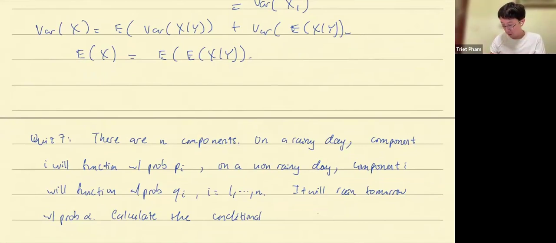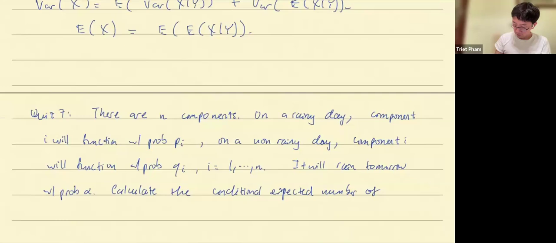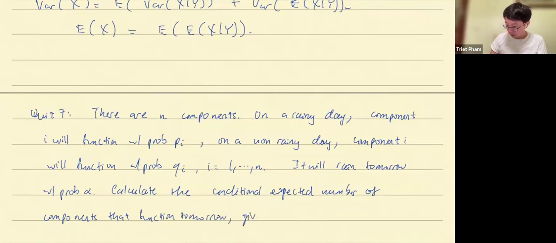Let's use the textbook language. Conditional expected number of components that function tomorrow, given that it rains.